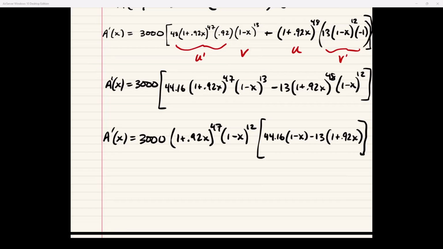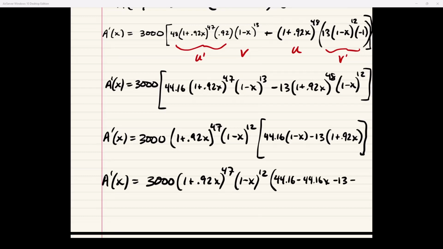Again, my goal is to find critical points, actually critical points only on the closed interval 0 to 1. So my derivative now is looking like this. What I'll do is multiply this out, so multiplying that 13 through, 13 times 0.92 is 11.96.